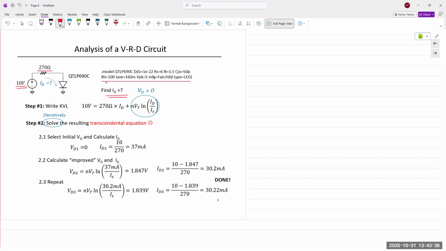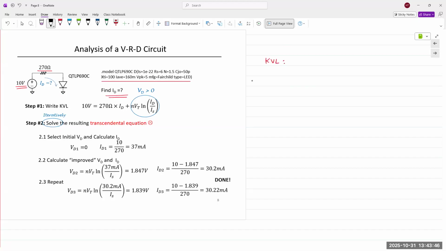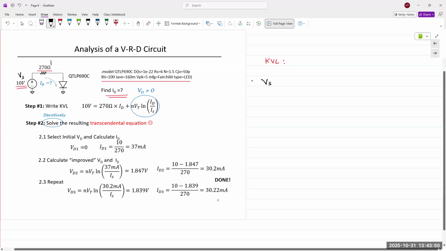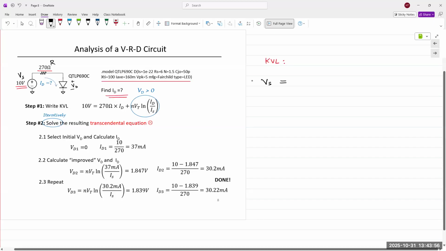If we apply KVL around the loop, what do we get? We get the source voltage Vs dropped across the resistor, VR, and across the diode, VD.